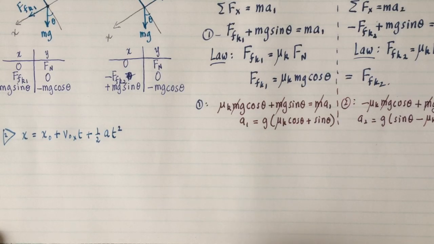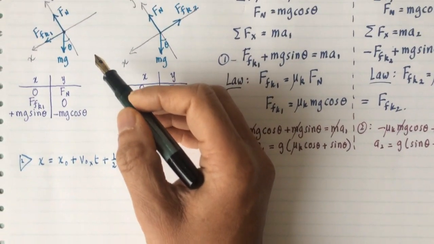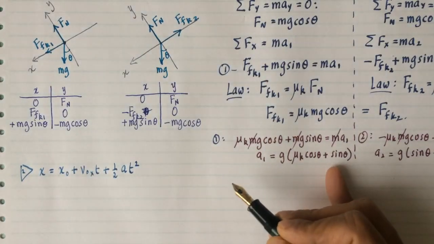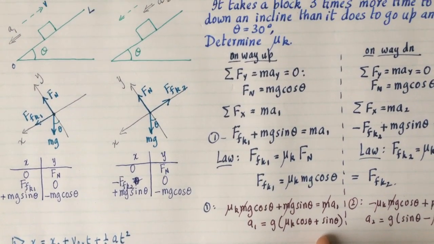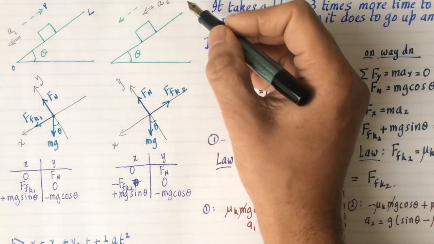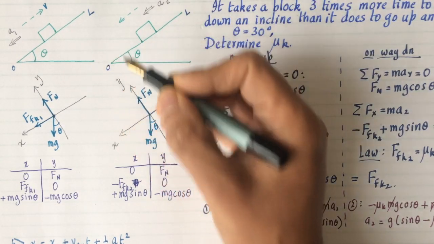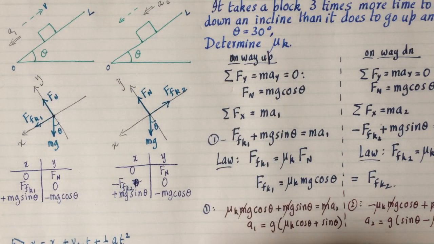On the way up, the particle starts from a 0 position and goes all the way to the position which I'll call L. That's the length of the block we're assuming is L, or the incline is L. And on the way down, it starts from L and comes to 0. So we're going to take our 0 to be the bottom of the incline for both problems.